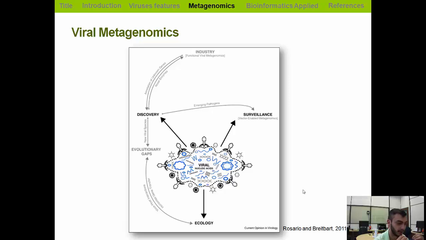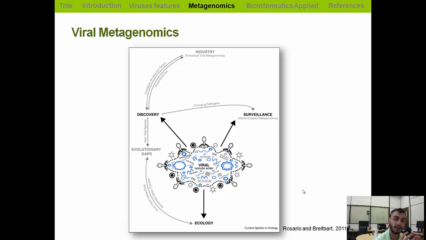So you can see here that when you study viral metagenomics, you can discover different new species. You can solve evolutionary gaps, some gaps in the evolution theory and in things about evolution that we do not understand.